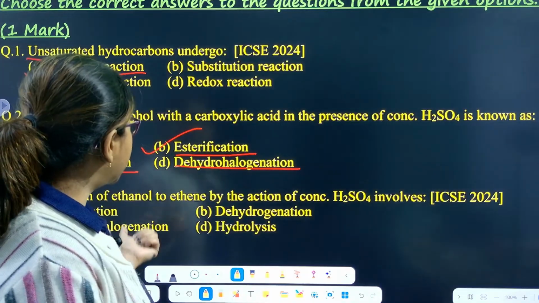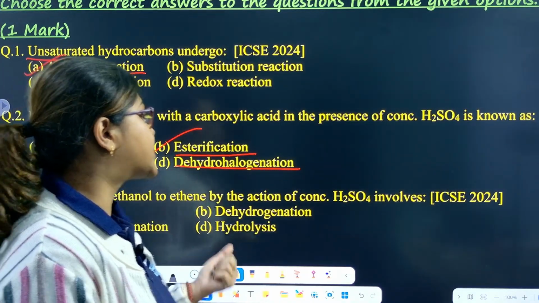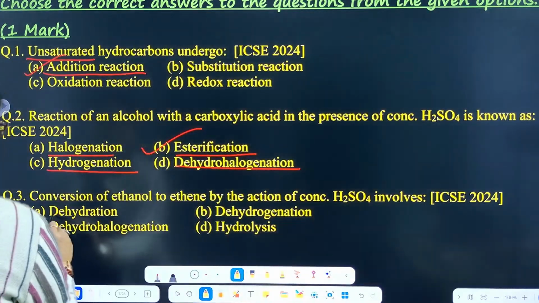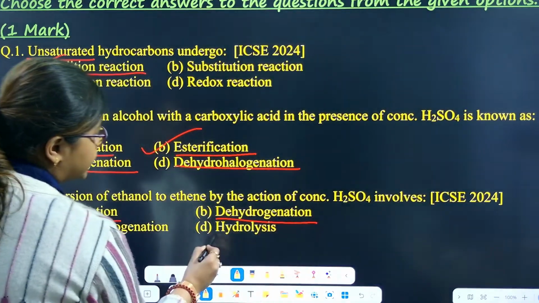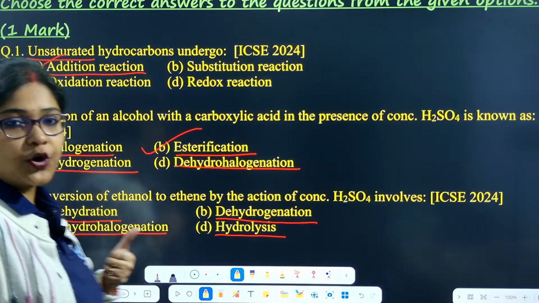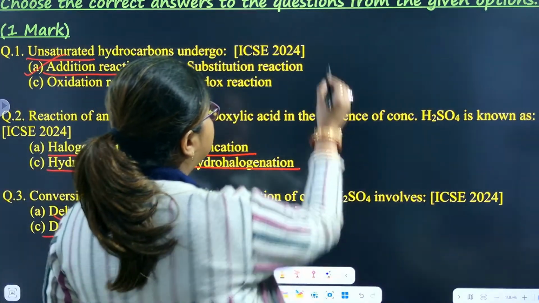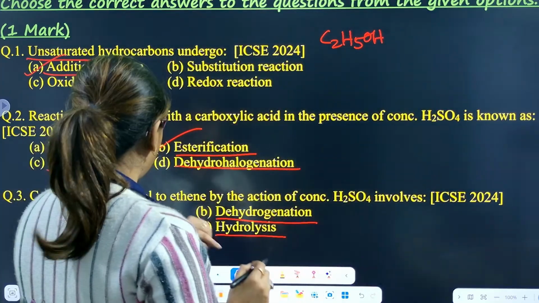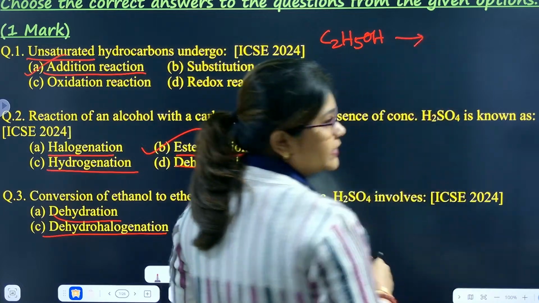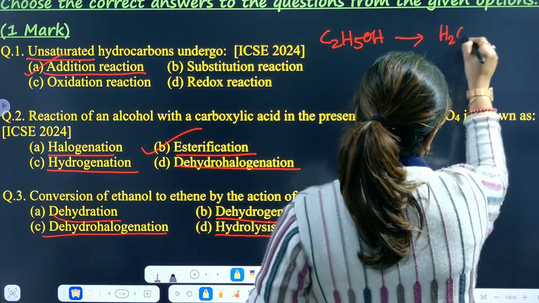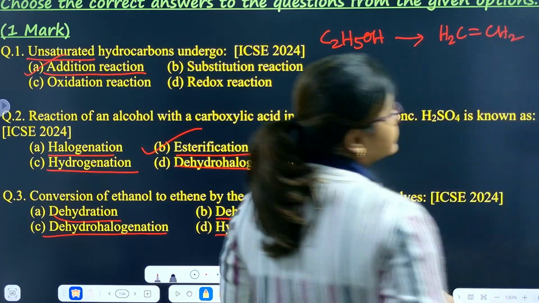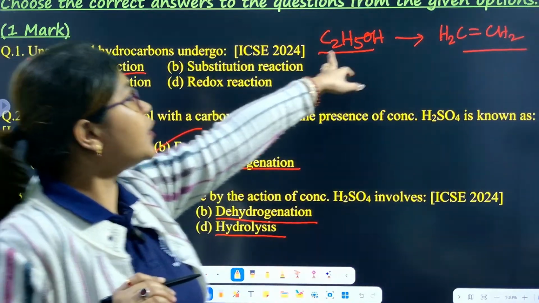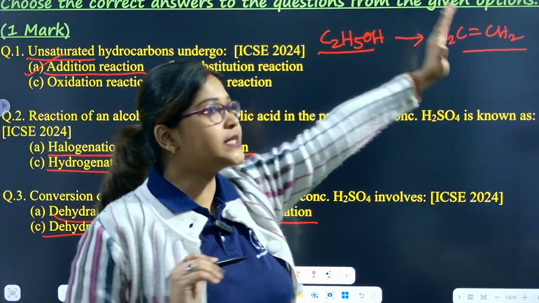Next is conversion of ethanol to ethene by the action of concentrated sulfuric acid involves dehydration process, dehydrogenation process, hydrolysis and dehydrohalogenation. क्या है देखो, ethanol is C2H5OH and ethene मतलब क्या है, ठीक है? सो अल्कोहल से इथीन, राइट? इसमें क्या रिमूव्ड हो गया, देखो water is being removed, right?